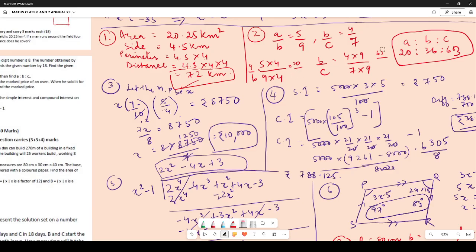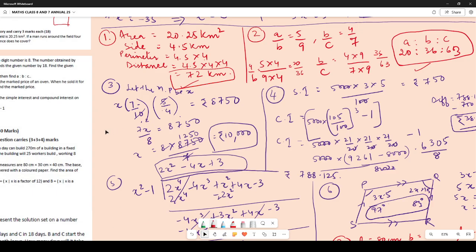That is what happens with technology at times. So this becomes 20 by 36 and this also becomes 36 by 63. Now we have a common denominator or a common reference point in ratio. So the ratio between A, B and C will be 20 is to 36 is to 63.